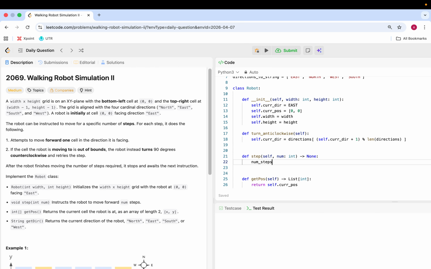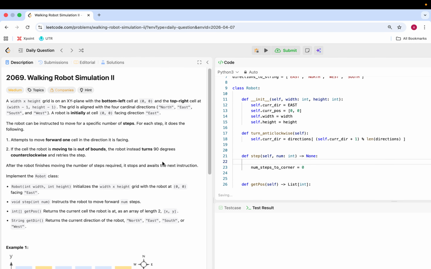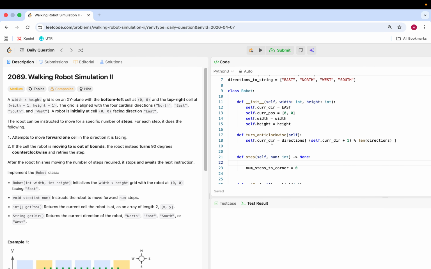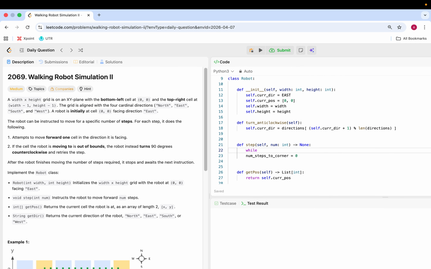So num steps to corner is equal to 0. Oh, they use num, not k. I don't know where I got k from. Anyway, while num is greater than num steps to corner.